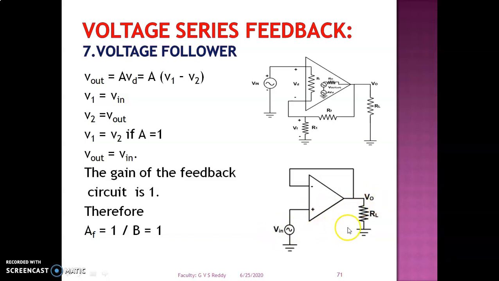VO equal to VIN. So here the actual output voltage equal to open loop gain A into V1 minus V2. V1 equal to VIN, that is the source input, and V2 equal to output voltage. So here the entire output voltage is applied as one of the inputs to operational amplifier.